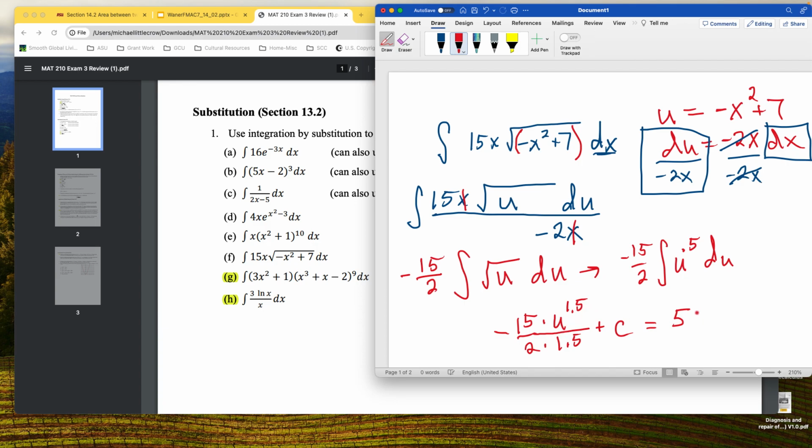u to the 1.5, but instead of putting u, we're going to back substitute with what u really is. Remember, u is something we made up. Minus x squared plus 7 to the 1.5.